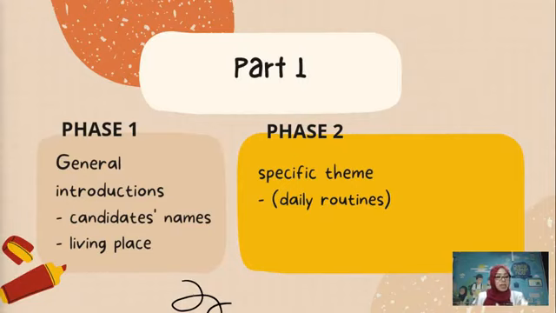The second phase is focused on a specific theme, for example, daily routines. In this phase, candidates are not allowed to interact with each other unless it is naturally responded to. So we know that in part 1, there are 2 phases: one is on general introductions and the other is on a specific theme.